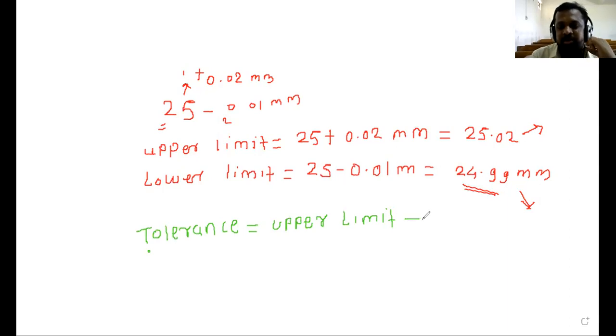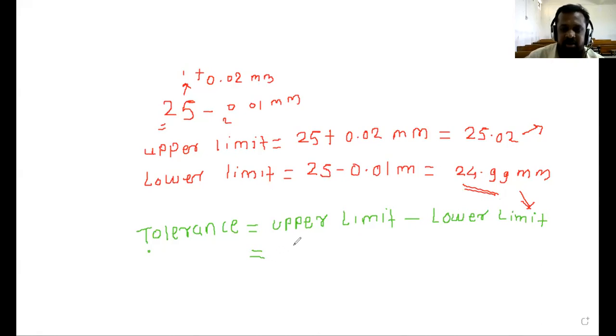It is called the tolerance. Tolerance is nothing but the difference between upper limit and lower limit.